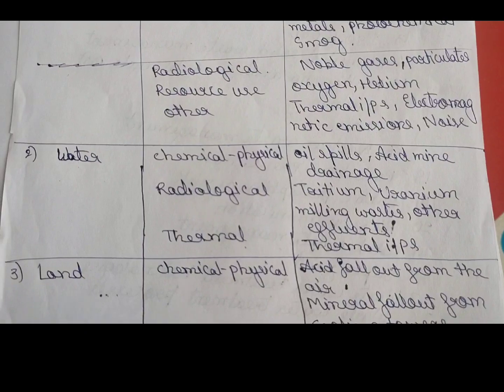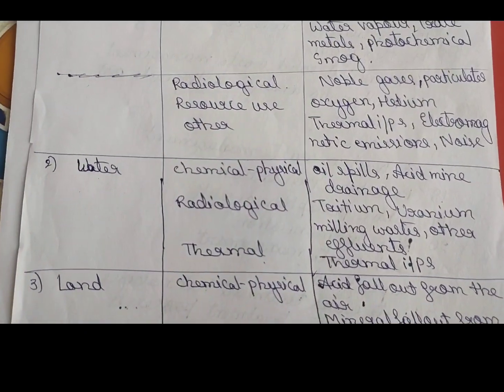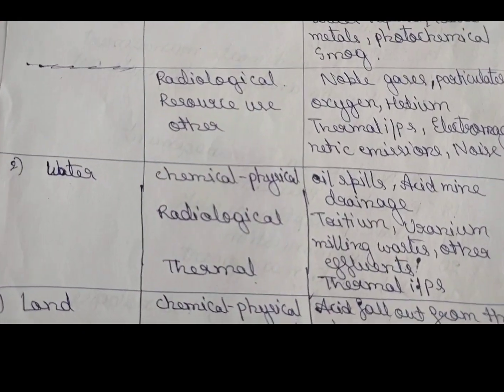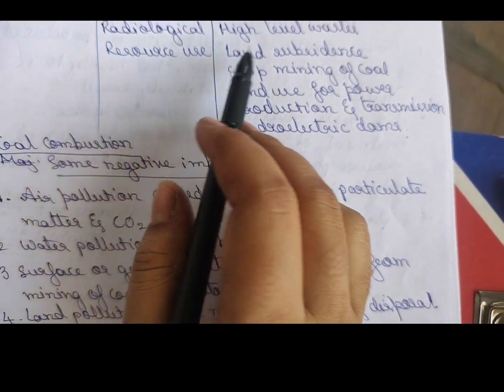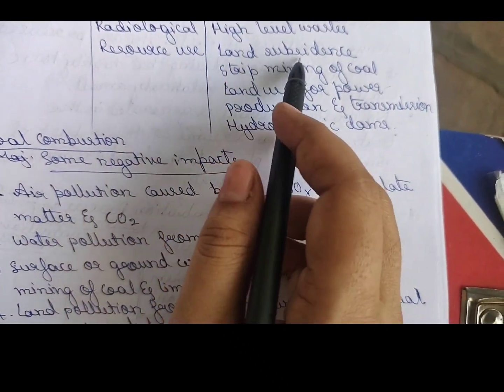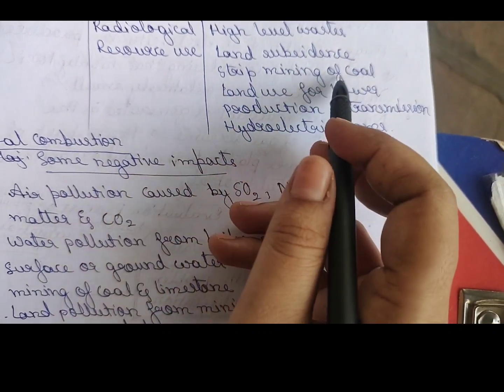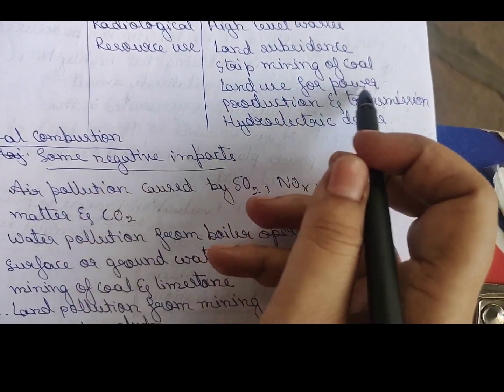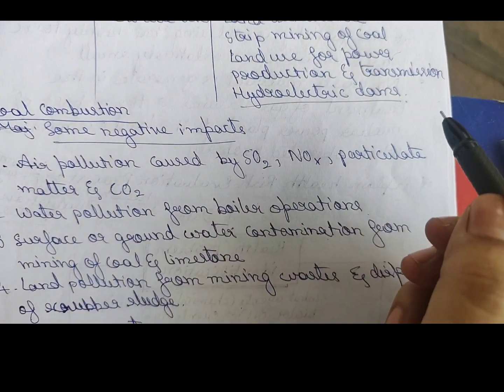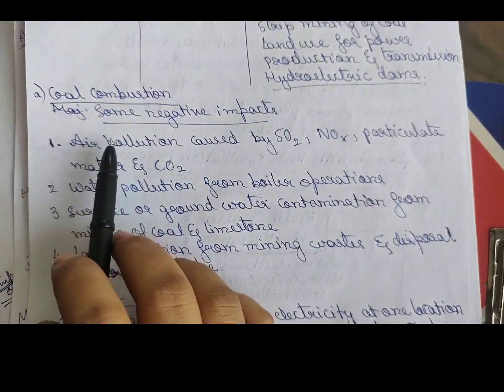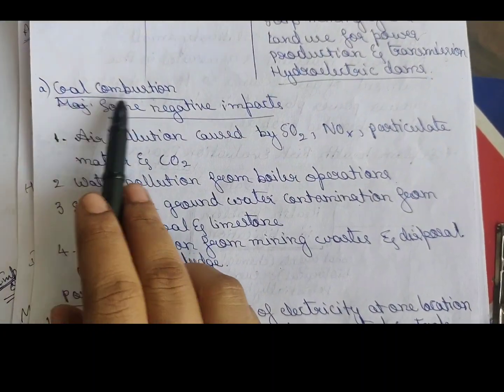What we use daily, we throw on the land, and that is solid waste. Radiological resource use: high level waste, land subsidence, strip mining of coal, land use for power production and transmission. Next, hydroelectric dams.